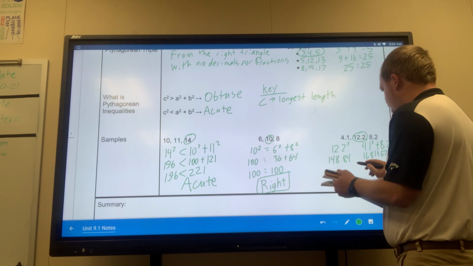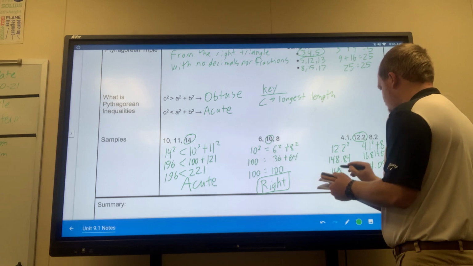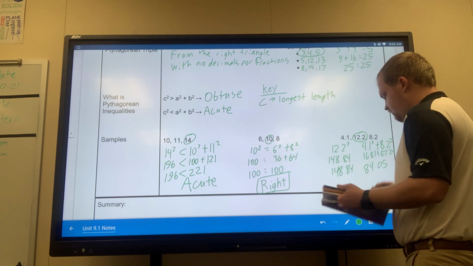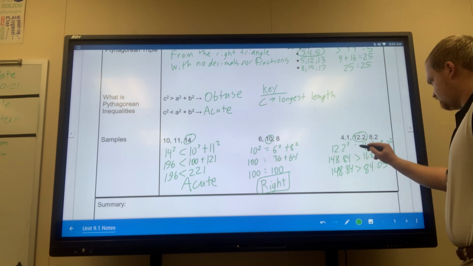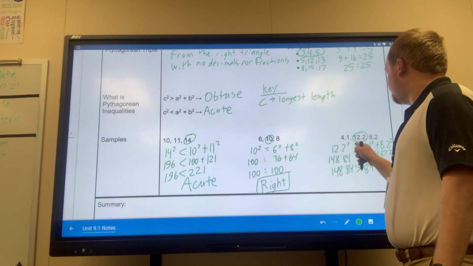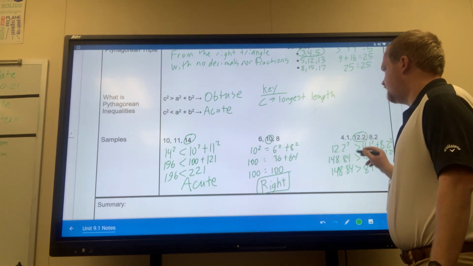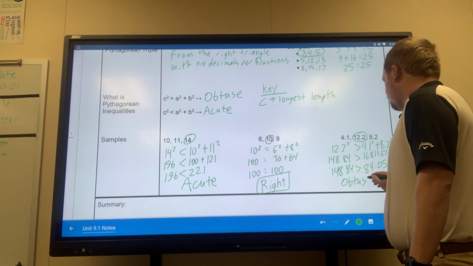I add those together, that gives me 84.05. Just by looking at it, I know this has to be greater. So if this is greater than right here, then that means I have an obtuse triangle.